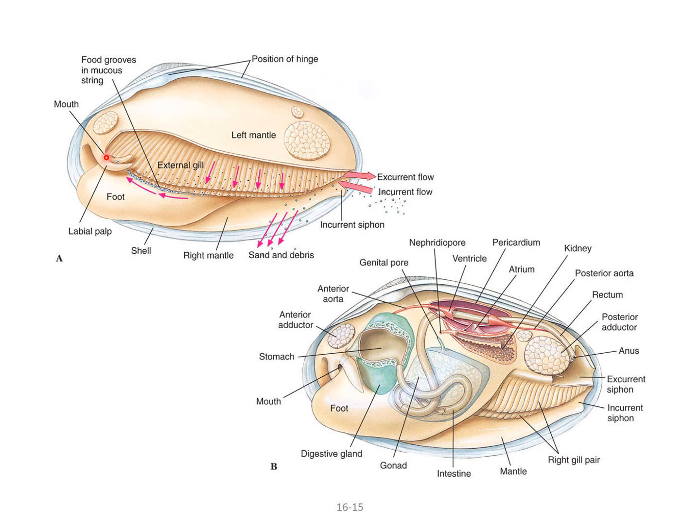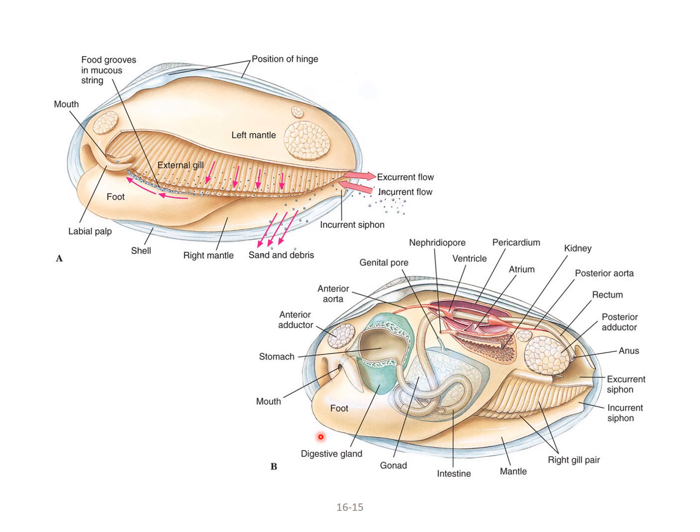And just on either side of the mouth are these little labial palps, which look like small little leaves, and they sort the particulate matter. So if it's too big, they move it to the side and then get rid of it through the excurrent flow.